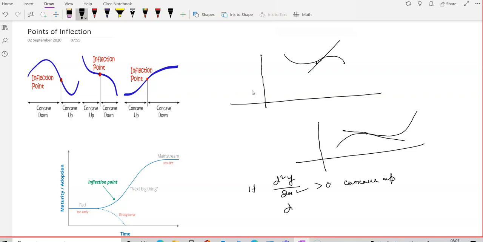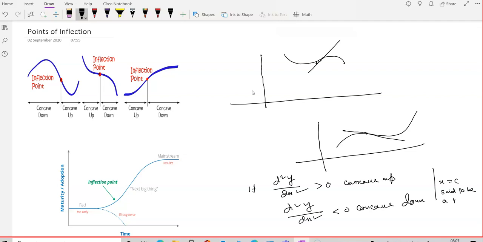And if d square y by dx square just after the point is less than 0, then it is concave down. So suppose the point C is taken where d square y by dx square is greater than 0 just before the point and less than 0 just after the point, then the point x equal to C is said to be a point of inflection.